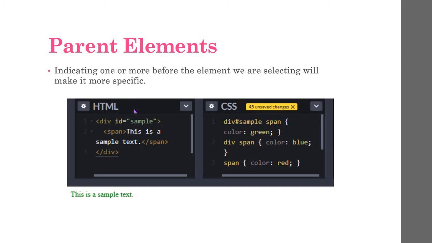And the next one is the parent element. To make an element have more specificity, we can also put the name of the parent elements, or the elements previous to the element that we want to select. Okay, for example, here we have the div and we want to select the span, so we choose the div.